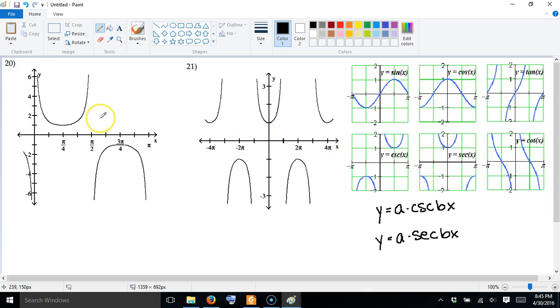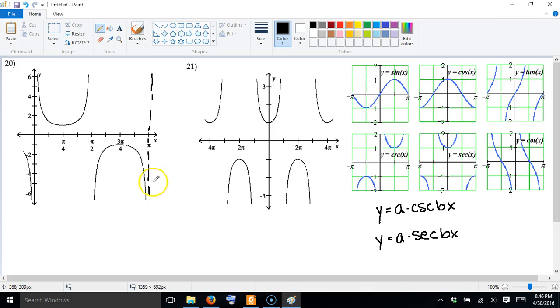Okay, now let's look at 20 and 21 and compare them to these graphs over here. If we look at 21, it looks a lot like this graph here, except a different portion of it is being graphed. We're only seeing what's on the right side of our graph. But here, it is a cosecant function. I'm going to go ahead and draw out this right here from our y-axis to this line here.